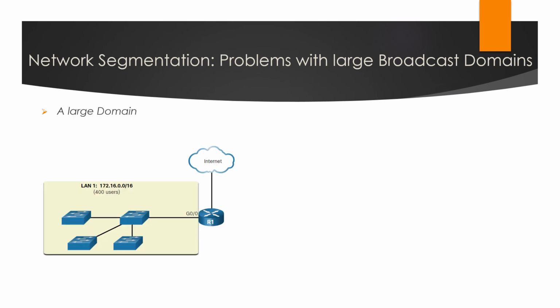In the figure, there is LAN 1 with the IP address of 172.16.0.0/16, and it connects 400 hosts that could generate an excess amount of broadcast traffic. This results in slow network operation due to the significant amount of traffic it can cause, and slow device operation because a device must accept and process each broadcast packet.